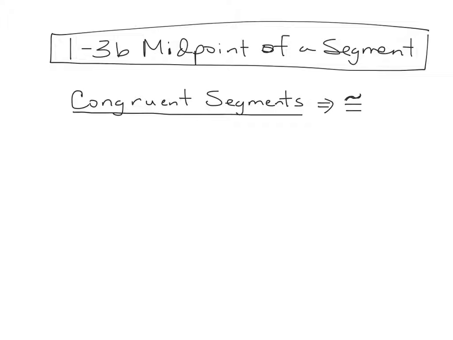But it just means if AB is the same length as CD, then we can say segment AB is congruent to segment CD. Okay, so if they're equal in length, we call them congruent segments.